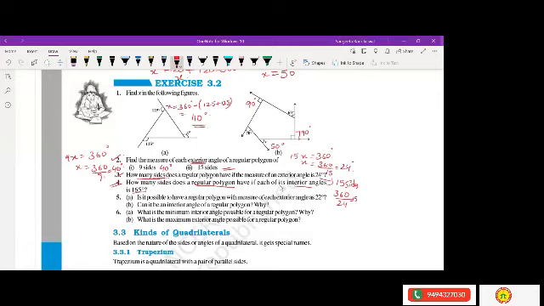If the interior angle is 165, then what will be the outer angle? If the interior angle of a regular polygon is 165, the exterior angle will be 180 minus 165, no? Is it?